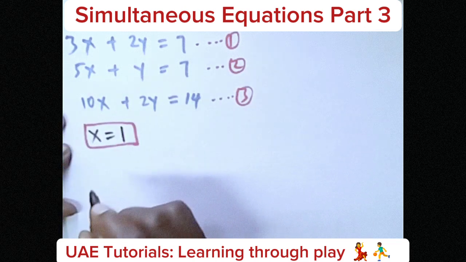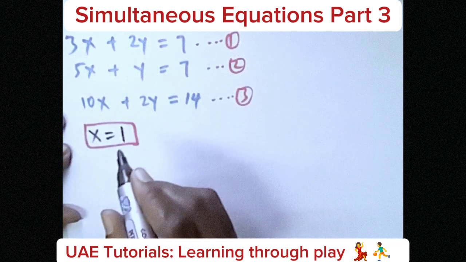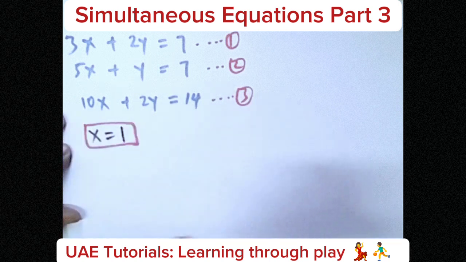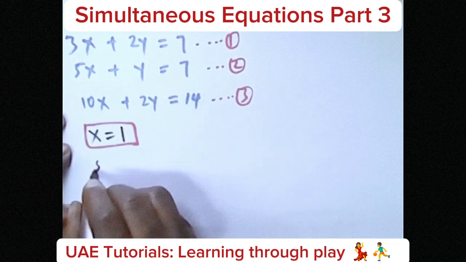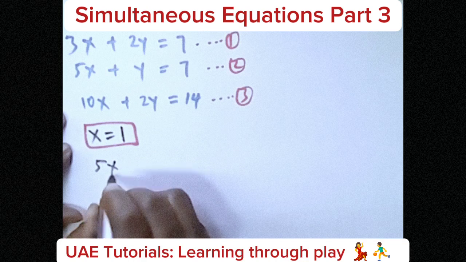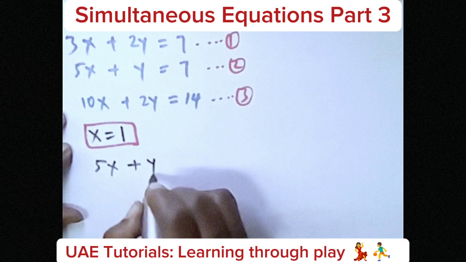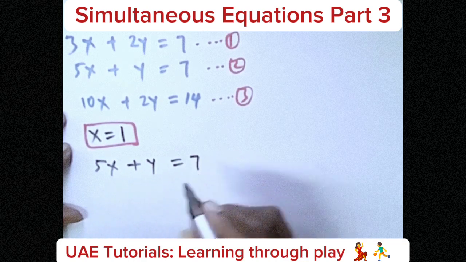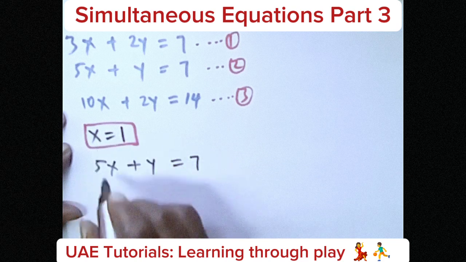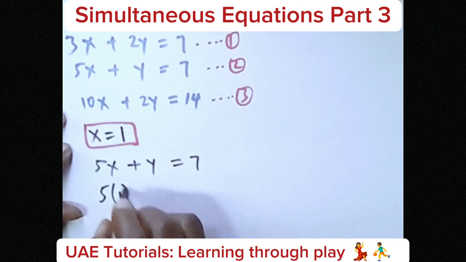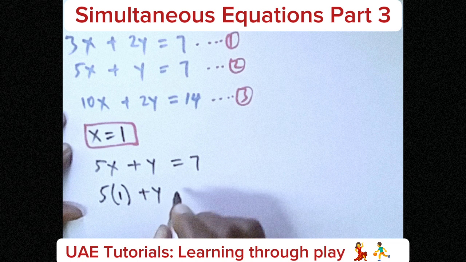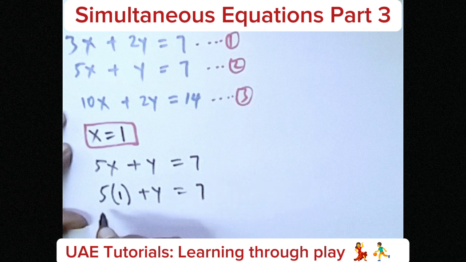So let's use original equation 2. So that's 5x plus y equals 7. Wherever we see x, we put 1. So 5 times 1 plus y equals 7.